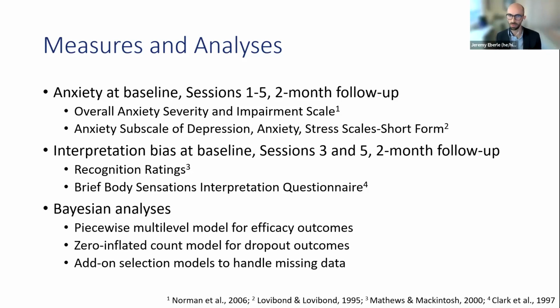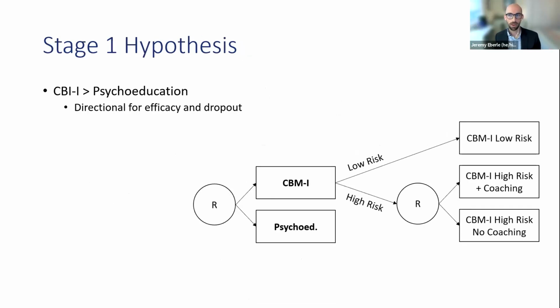And we also handled missing data using some add-on selection models. And so the Bayesian framework was a nice fit for its flexibility and for doing the modeling that we needed to do. And we had several pre-registered hypotheses.